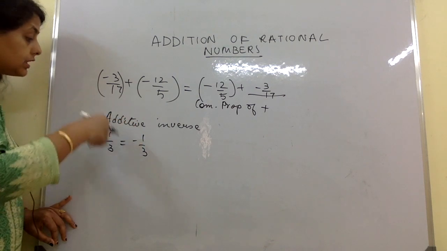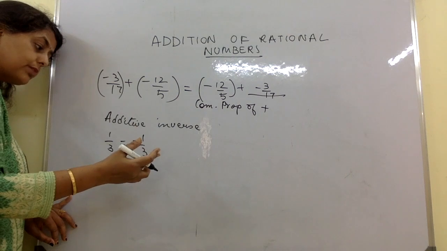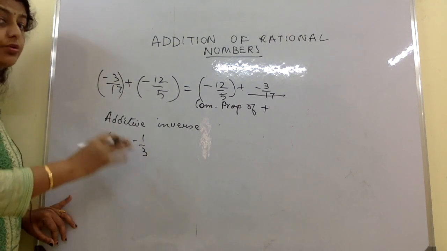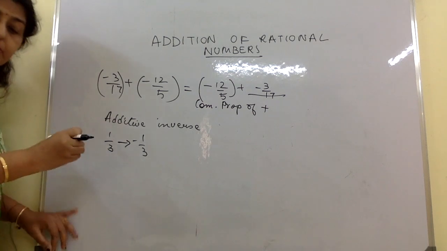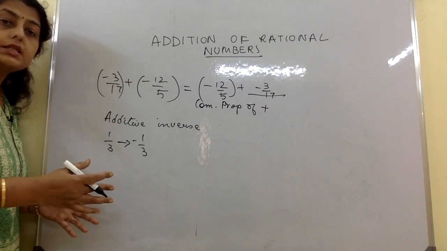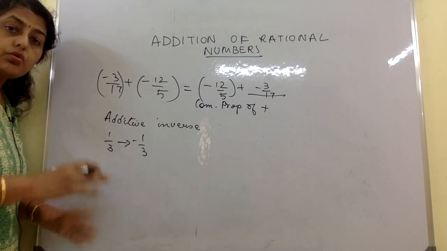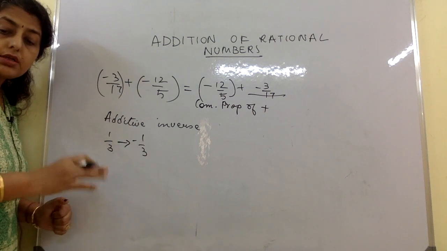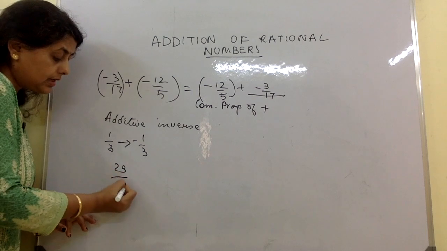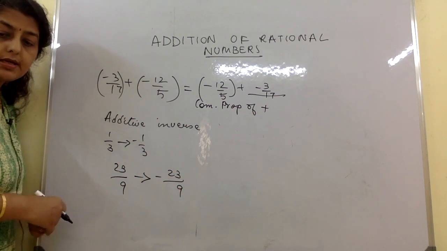So either you write additive inverse of 1 by 3 is minus 1 by 3, or at least if you are in a hurry, put an arrow. But don't use the equal to sign. You have to be very careful in using the equal to sign. People just use it when they can find nothing to write. Don't do it. The equal to sign has a meaning. So 23 by 9, additive inverse of this is minus 23 by 9.